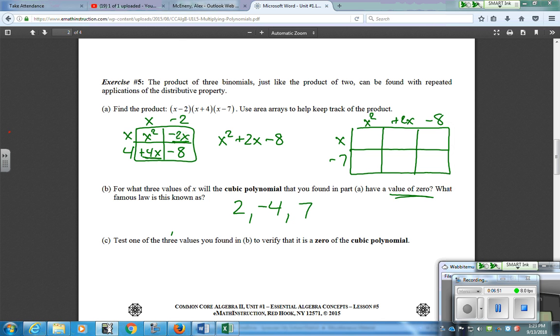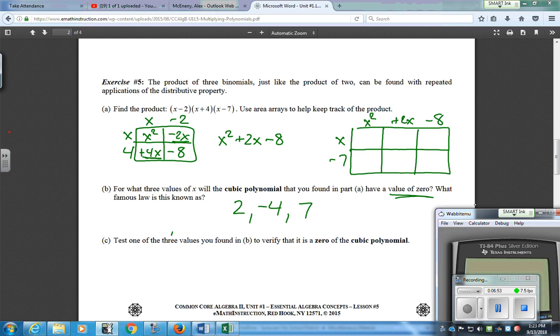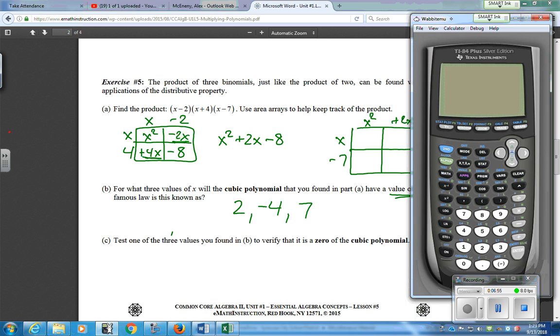Now you can find those values of 0 by graphing the expressions. So if you do x minus 2, x plus 4, and x minus 7. I'm going to make sure I'm in graph and table so I can look at both.